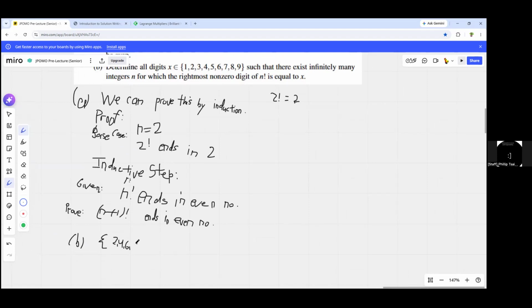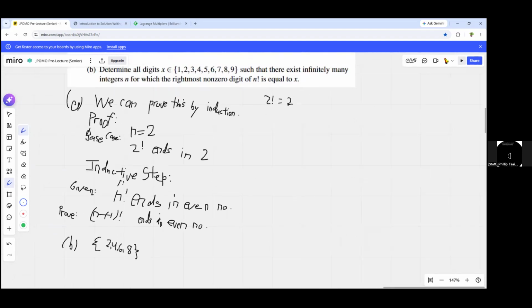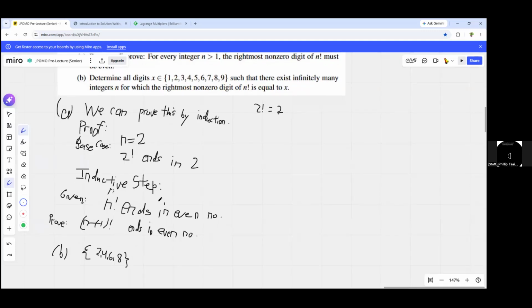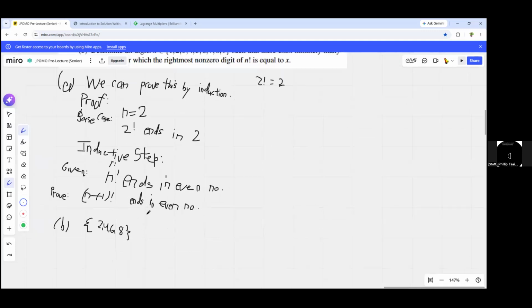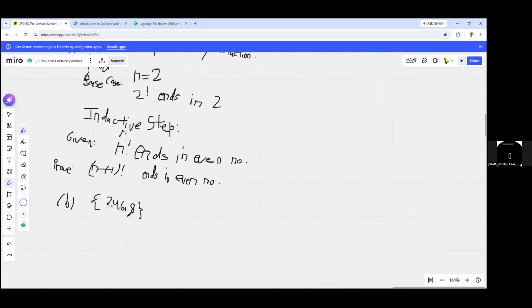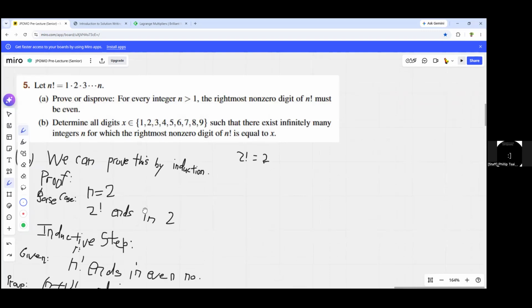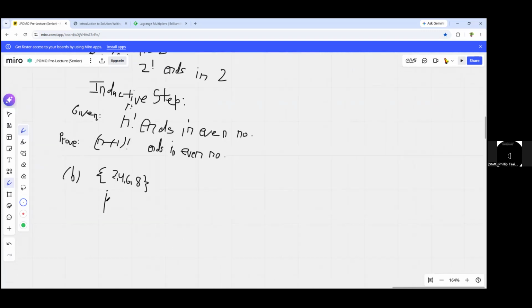Someone correct me if I'm wrong, but if I remember, the answer is 2, 4, 6, 8. It's important to state the answer first for a find-all question so that it's more organized. Anyways, so our answer is 2, 4, 6, 8, and then we have the construction here.